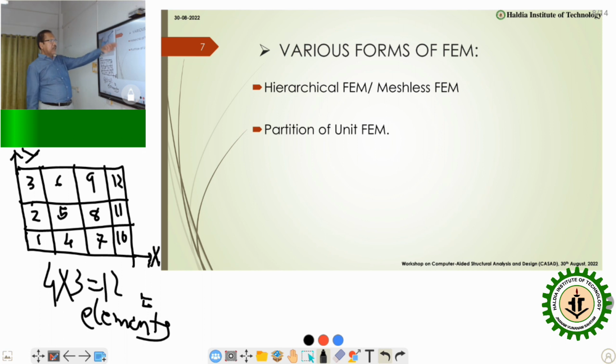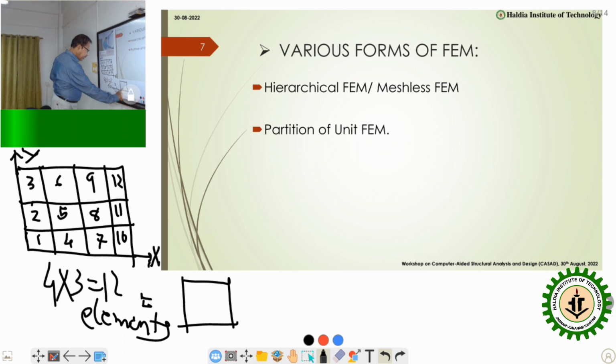But in hierarchical finite element methods or meshless finite element method, there will be no mesh, only a single unit has to be analyzed. So this is basically the hierarchical method, and this one is the conventional or usual finite element method.